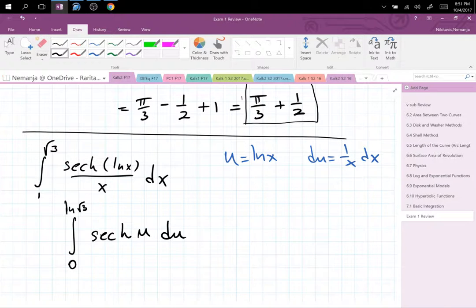So for regular trig, integral of secant squared is tangent. Integral of secant only, no square, is ln of secant plus tangent. Yeah, hyperbolic plus tangent hyperbolic. So it should be that.